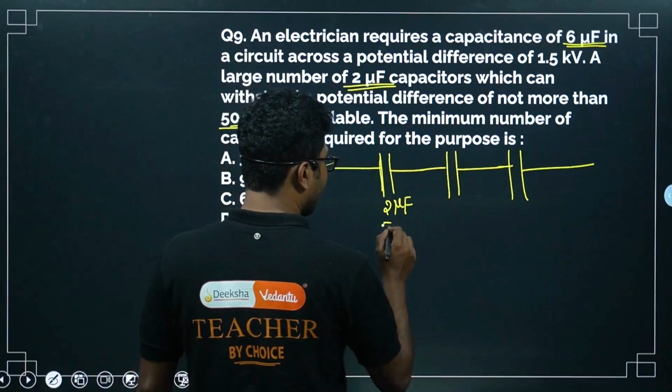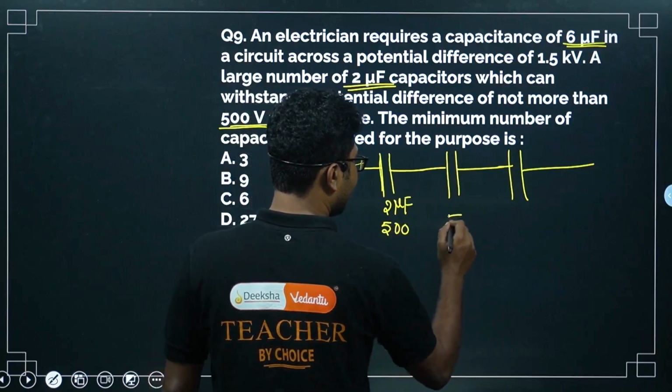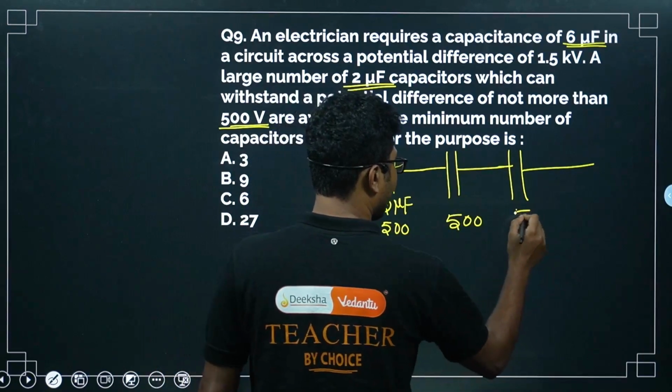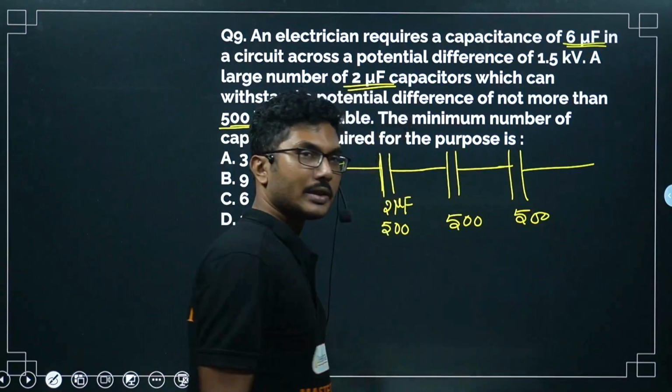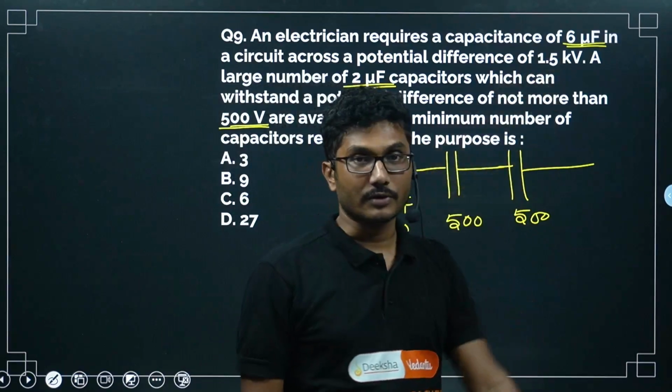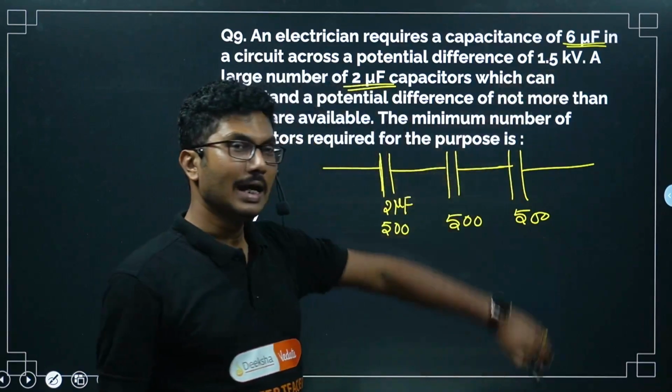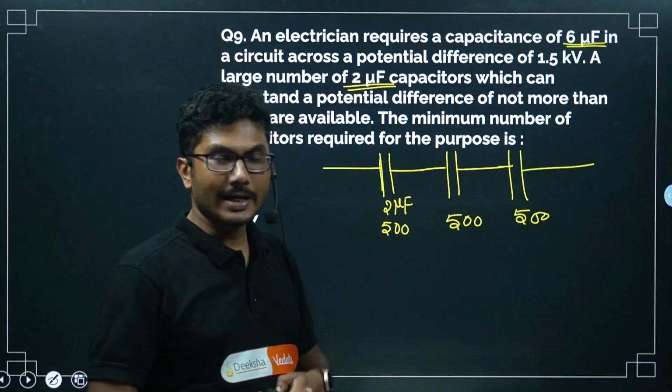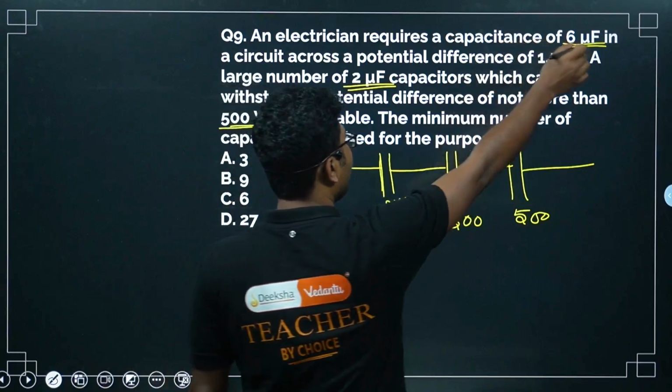Each of them will have 500, this will have 500, this will have 500. Now add them, you will get 1500, that is 1.5 kilovolts. So when you connect these 3 capacitors, they can withstand the exact amount of voltage.